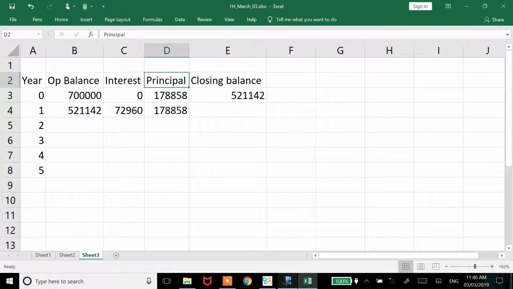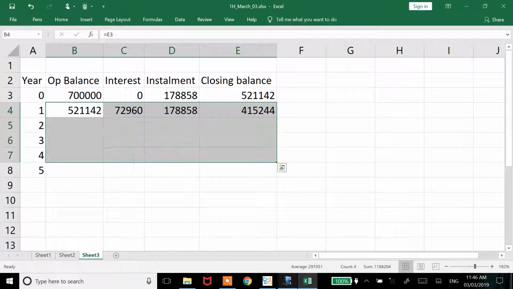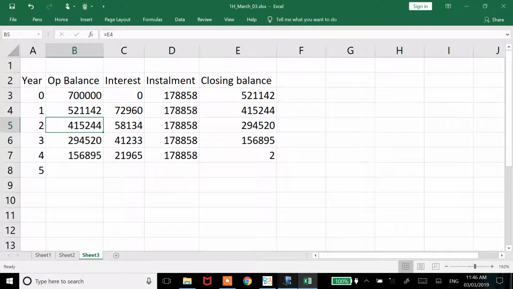Installment, not principal, sorry. And my closing balance is opening plus interest minus installment. So this will become 415. Then 415 is the opening balance, 58,134 is interest. You repay this, you get a closing balance. Last year this is technically 0. Your loan is closed.